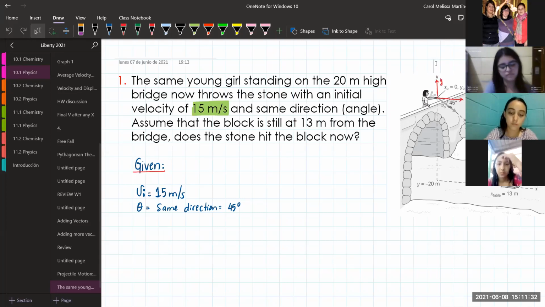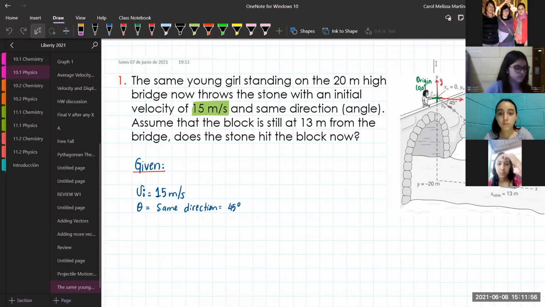So this point right here, where she is exactly, the place she's throwing the stone from, is what we know as the origin. The origin of the Cartesian plane has coordinates 0, 0.